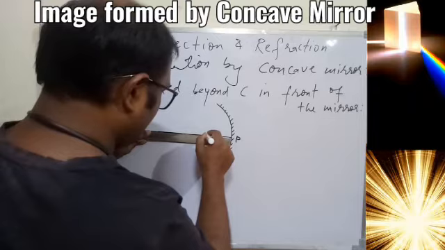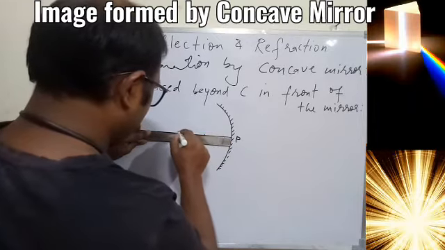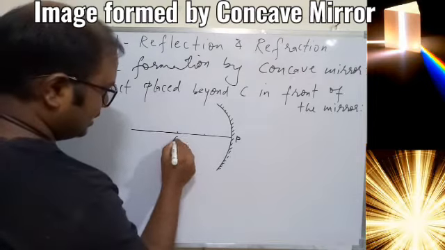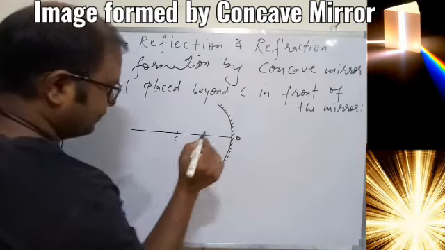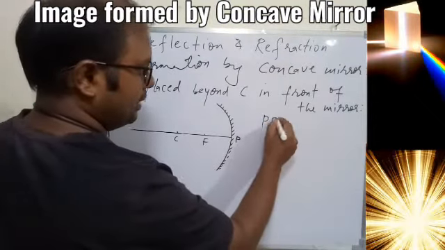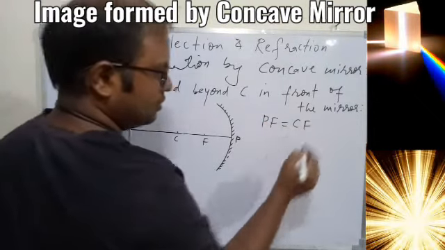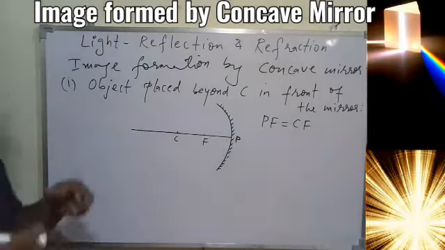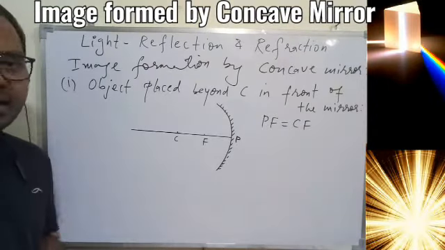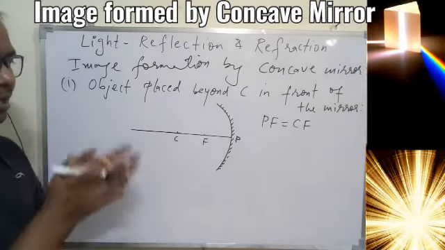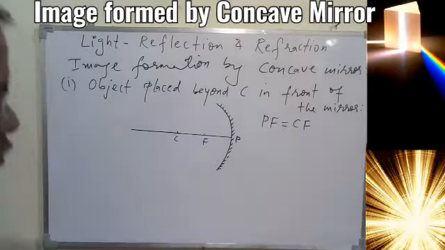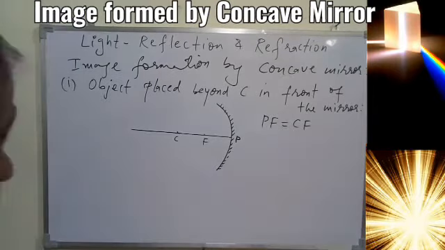So this is my C, this is my F. Always remember your PF and CF should be equal. That is your choice: you can take 2 centimeter each, 1 centimeter each, 5 centimeter each, but you should have enough space in your notebook. So 2 to 3 centimeter, I think, will be enough in a notebook.